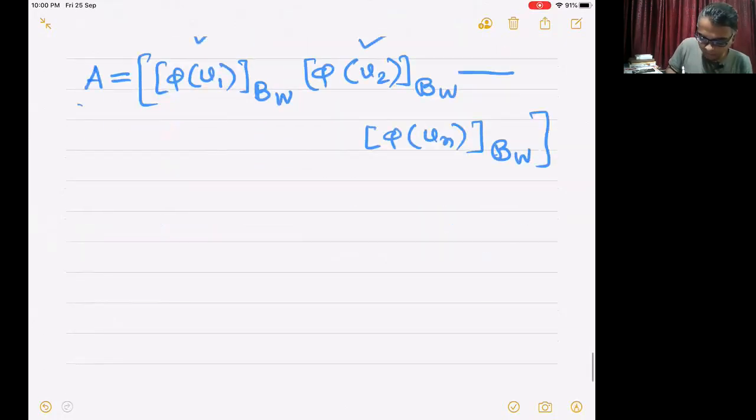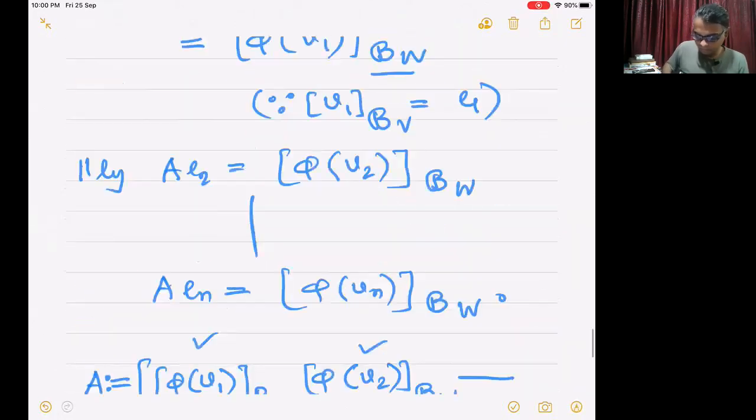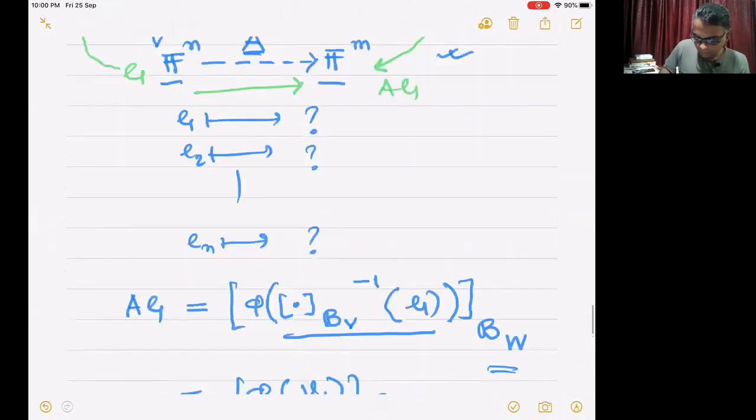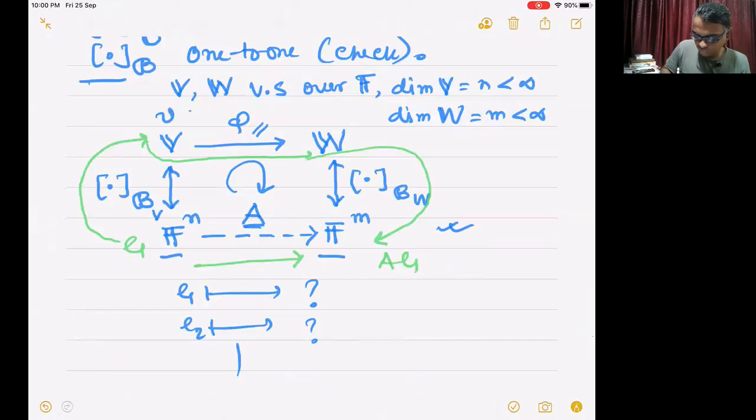So then what does this mean? If I define A like this, then this means for an arbitrary vector V, say V here, this gets mapped to phi V here.